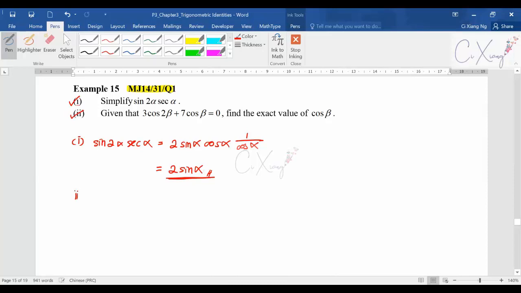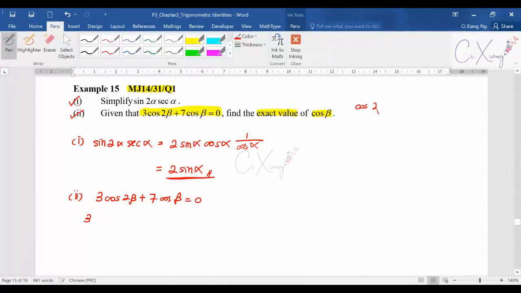Okay, so for part number 2, they give you this equation and they want you to find the exact value of cos beta. Alright, so I will start from here. 3 cos 2 beta plus 7 cos beta equals 0. Okay, so now I want to expand the cos 2 beta.